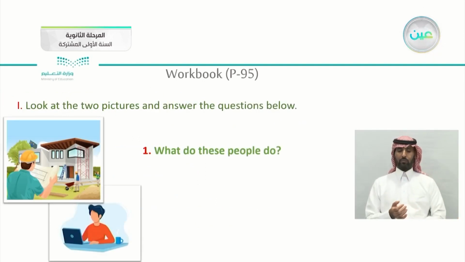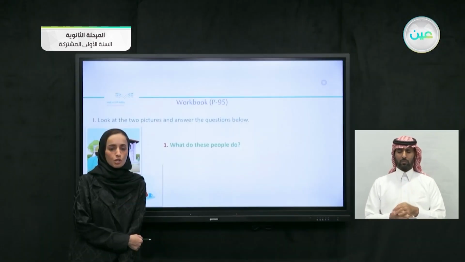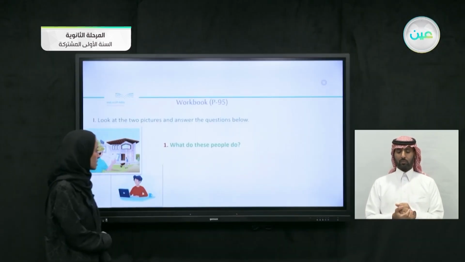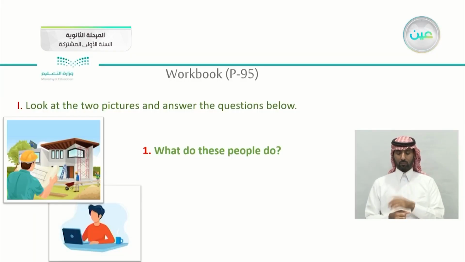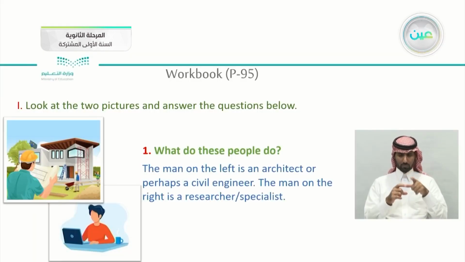Then in here, we're going to look at pictures and answer some questions. We're having here two different jobs. The first one, what do these people do? Let's look at the pictures. The first one is actually an architect or a civil engineer. However, the other one looks like someone who is a researcher or a specialist.